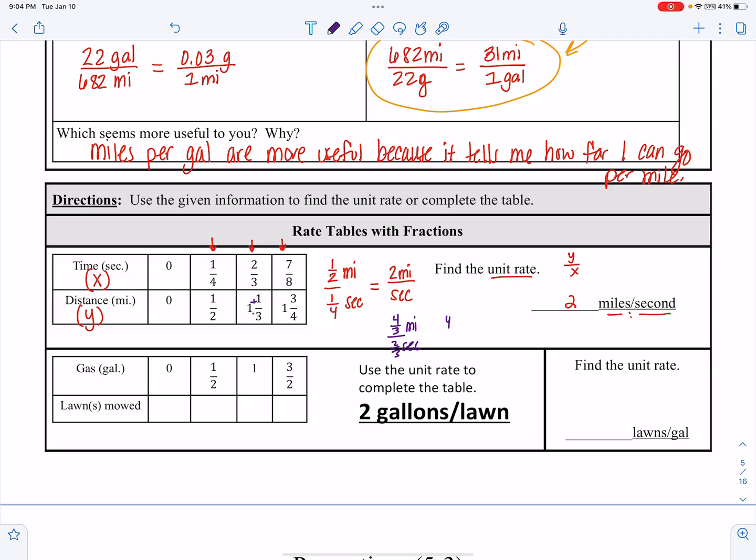And so I'm doing 4/3 times 3/2. We can cross simplify here. Divided by 2, divided by 2, divided by 3, divided by 3. And you can see if you multiply straight across, you actually get 2 miles per second again. And so we verified that this is accurate. So the unit rate is 2 miles per second.